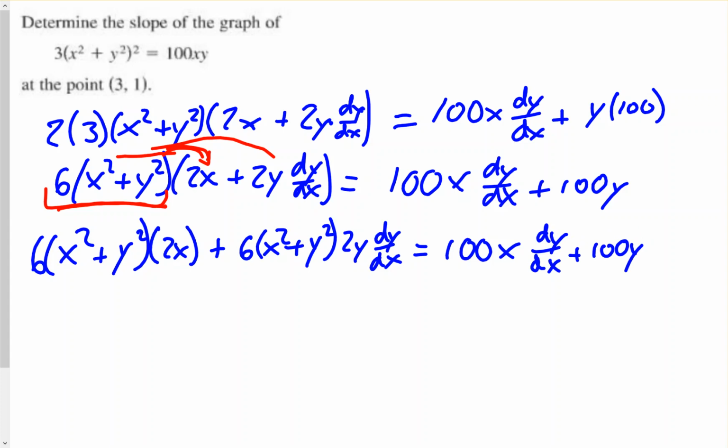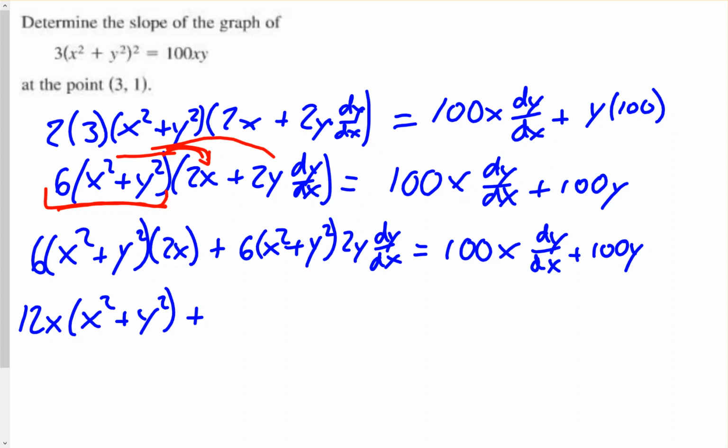Okay, we're going to simplify slightly and then we'll move some terms around. Okay, so the 2x will come to the front and multiply with the 6, so this will be 12x times x squared plus y squared, plus the 2y would come to the front and multiply with the 6.